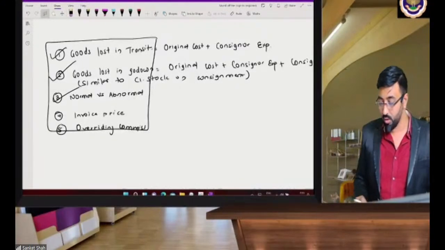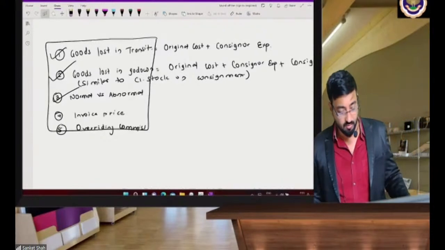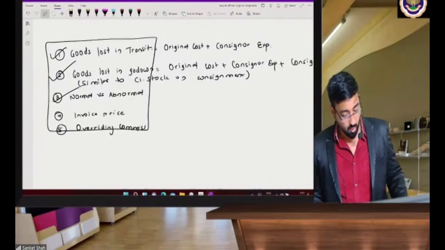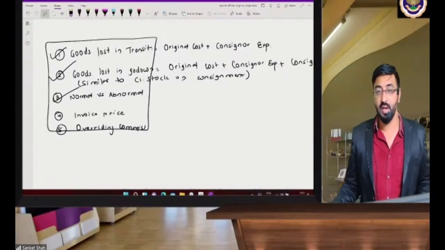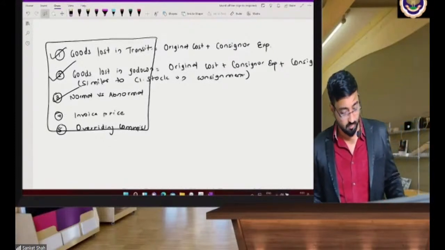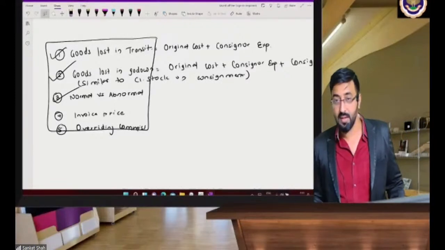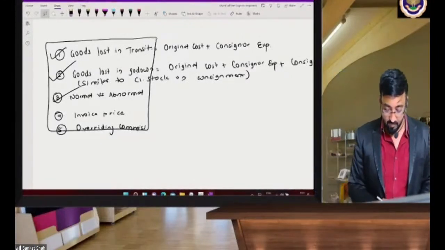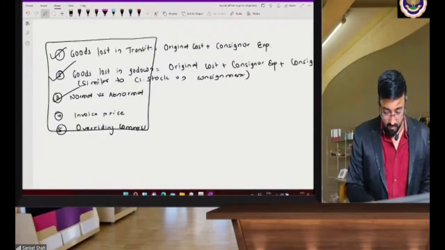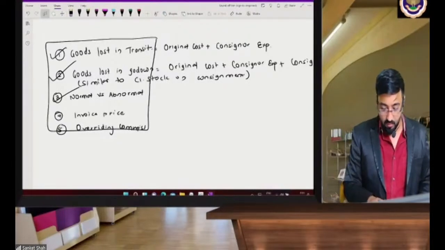In the next session, we are going to start with bill of exchange on Sunday. This Sunday is with Sanket sir.